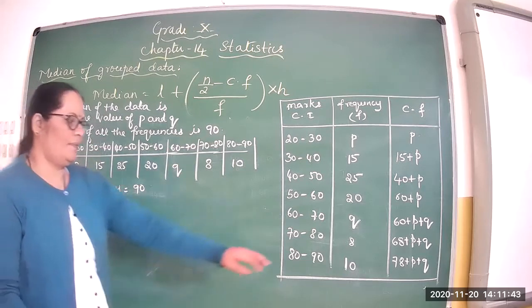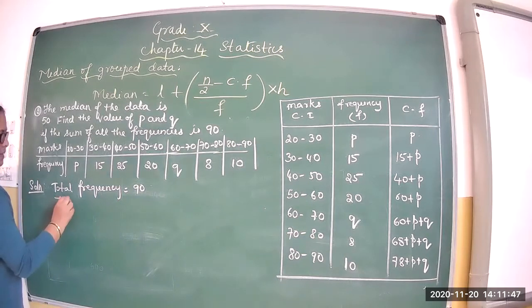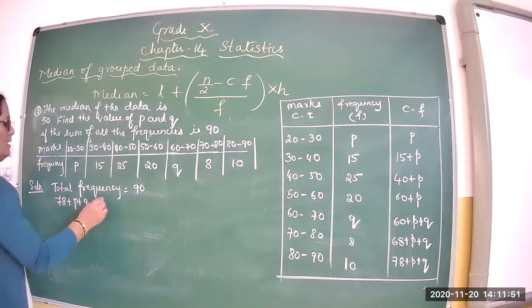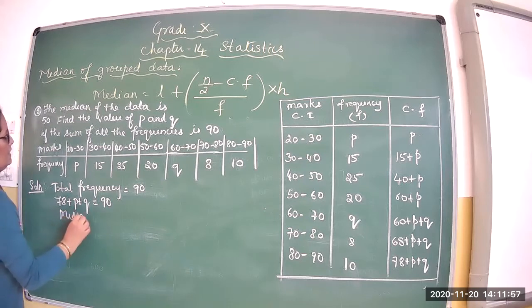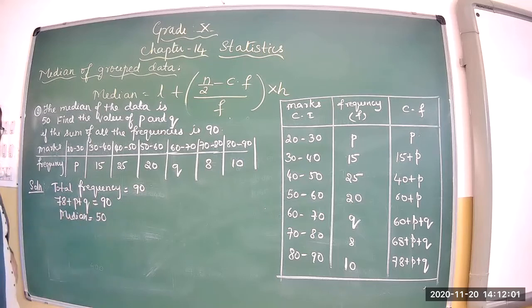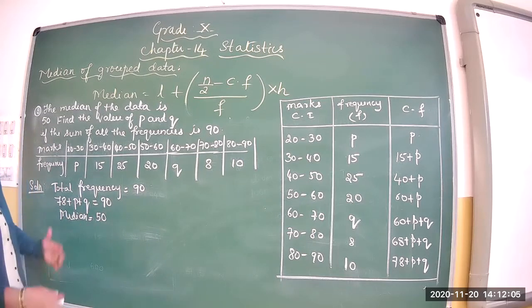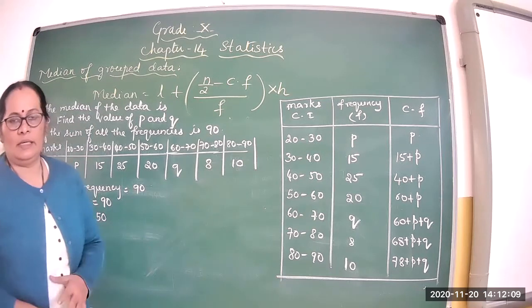What is the total frequency here? 78 plus P plus Q, which gives total 90. And it is also given that the median is 50. Here it is not necessary to locate the median class because the median is given as 50.